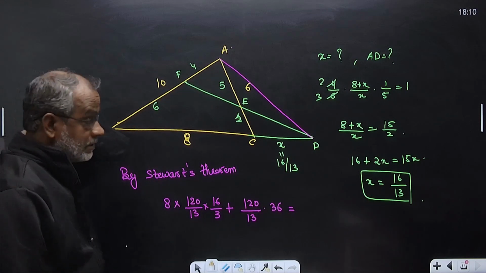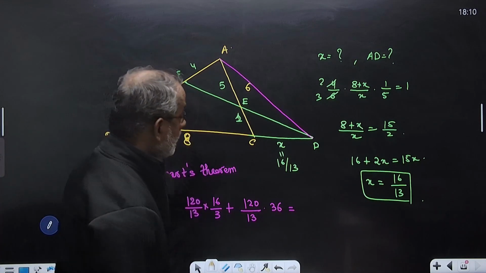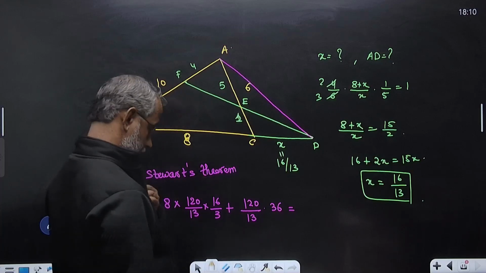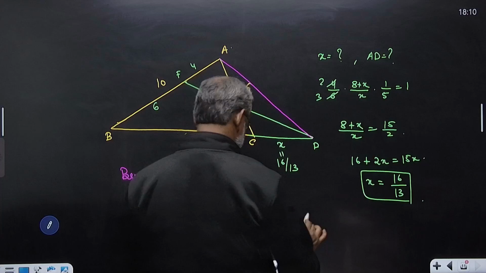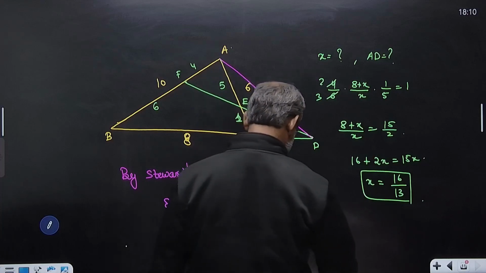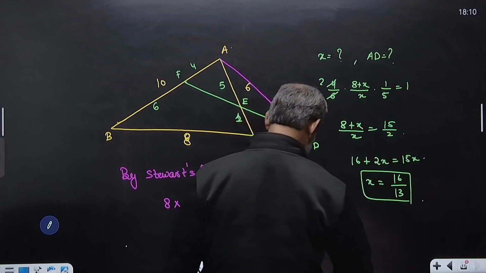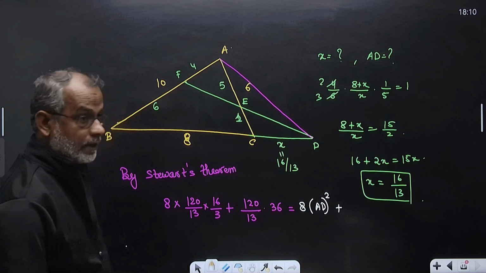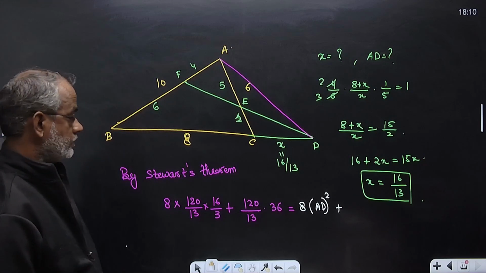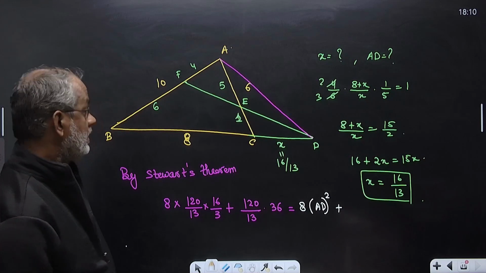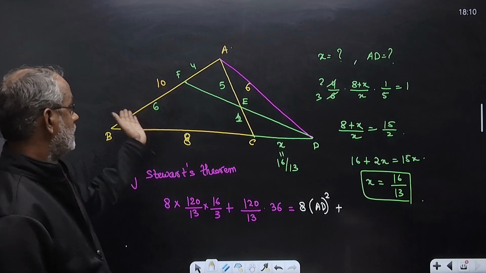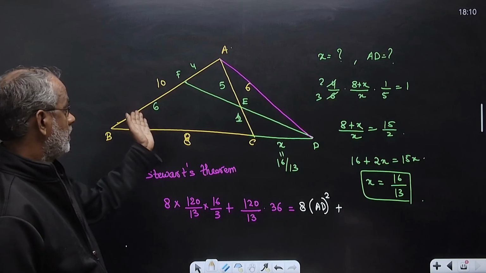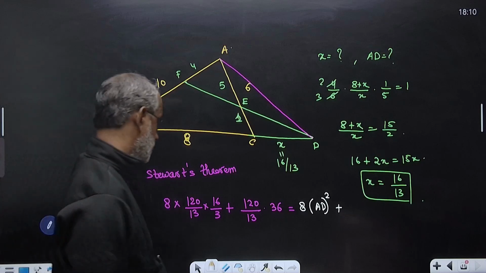So B is something that we have to find. AD, 8 into AD square plus C and C. So C is 10, okay.